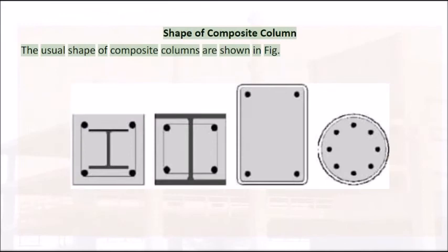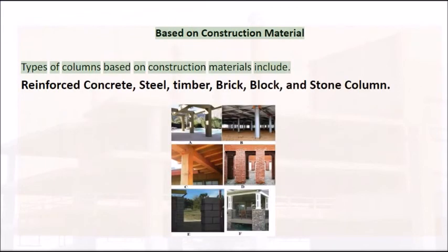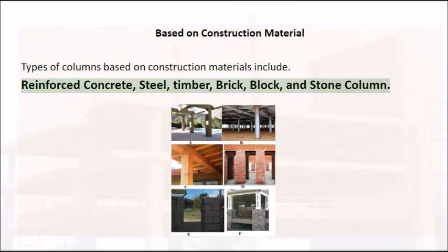The usual shapes of composite columns are shown in the figure. Based on construction material. Types of columns based on construction materials include reinforced concrete, steel, timber, brick, block, and stone column.